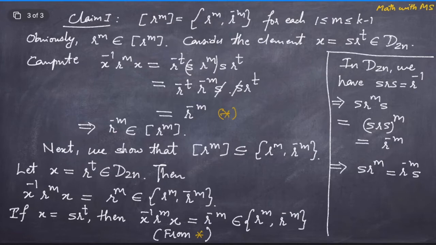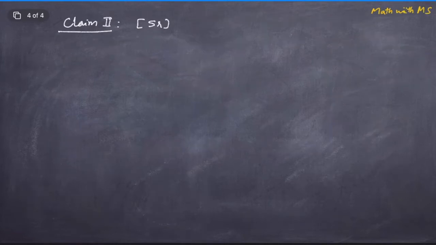This proves our claim 1. Let's prove claim 2 now, which says that the conjugacy class of the element SR is the set consisting of elements of the form S into odd powers of R, S R to the power 2l minus 1, where l is bigger than or equal to 1 and less than or equal to k.